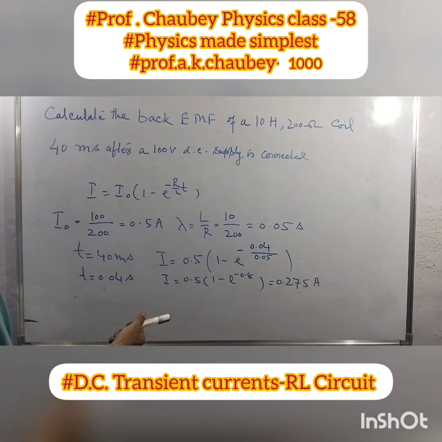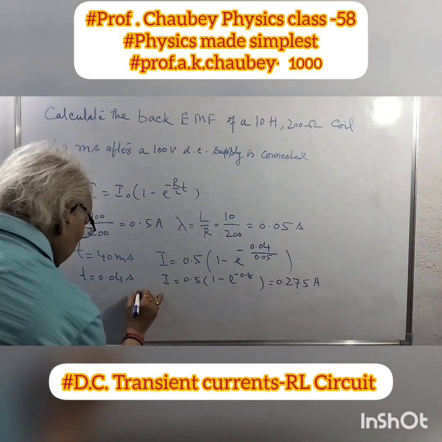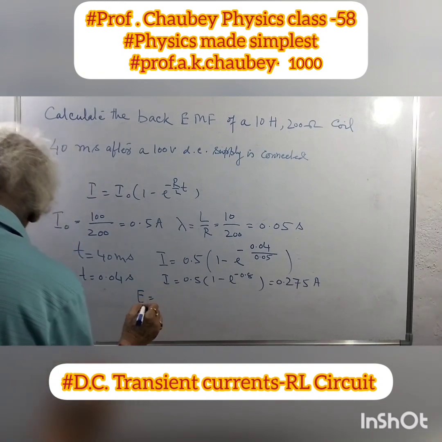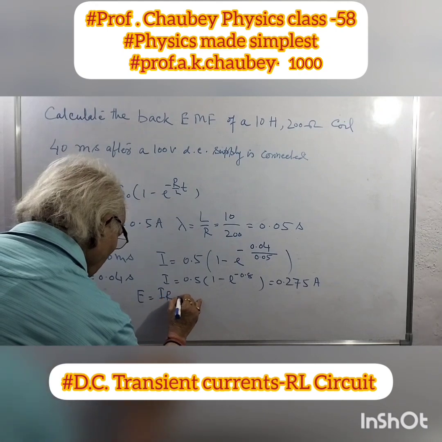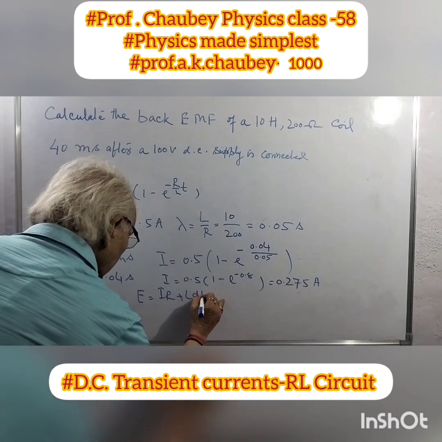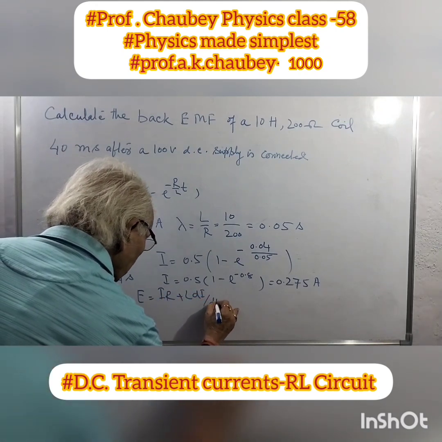And now you want to calculate the back EMF. E is equal to IR plus L di dt. This we know.